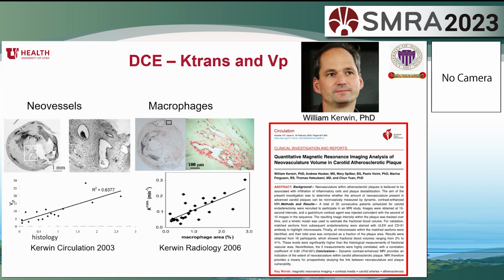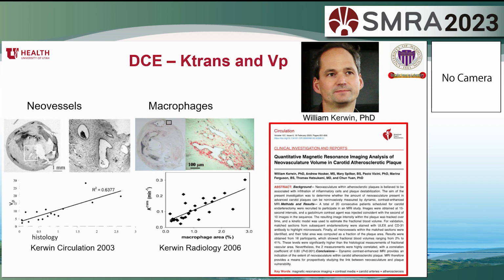Then another aspect of this work was introduced by Bill Kerwin, also from the vascular imaging lab. If you are able to acquire the dynamic contrast information at the time of contrast injection of the plaque itself, you can estimate the so-called Ktrans and also Vp as two traditional measurements from dynamic contrast.